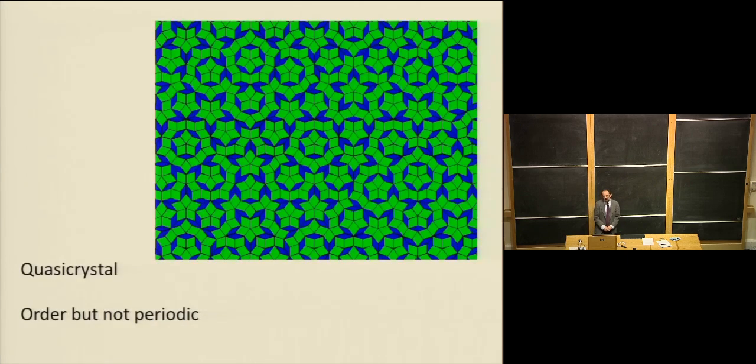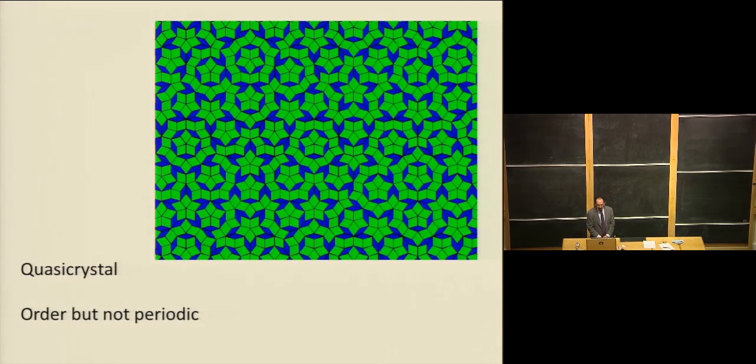Halfway between order and disorder is also the idea of the quasicrystal. This particular picture is what's known as a Penrose tile, named after Roger Penrose, one of the most famous mathematicians here at Oxford, actually one of the most famous mathematicians in the world. Anyway, this is made up of two different types of tiles, these little blue objects and these little green objects, and they fit perfectly together in a very ordered arrangement, but in fact, all the way out to infinity, the pattern never repeats.